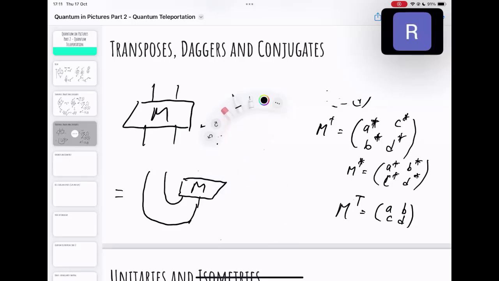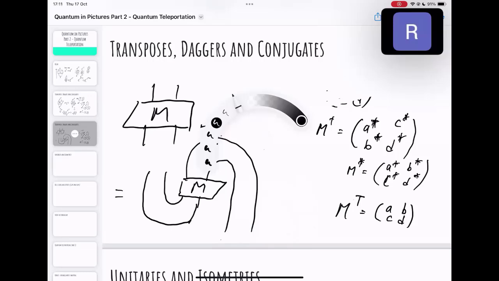So you can see how this diagram is written the same way as the other diagram, but with the original matrix rotated. This is also a transpose of a matrix, but now you can see the original matrix explicitly written out here.